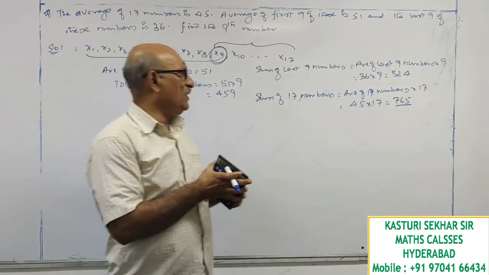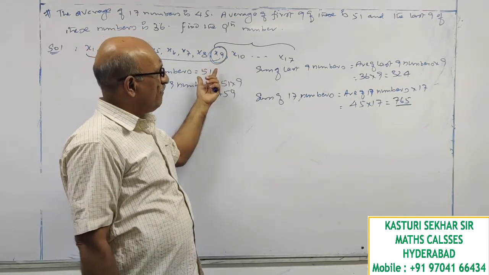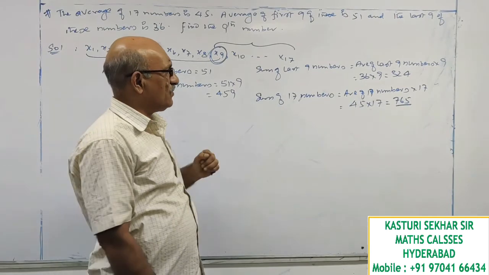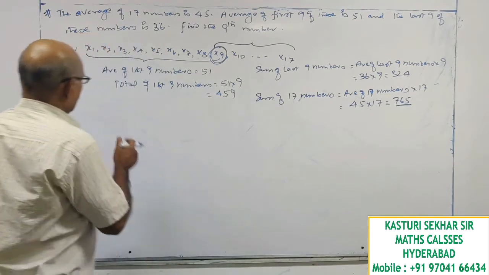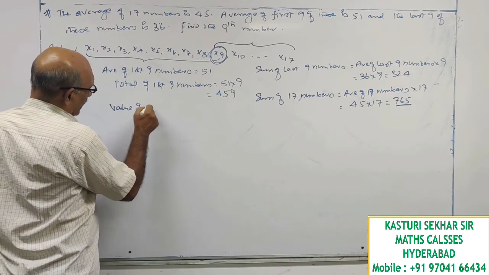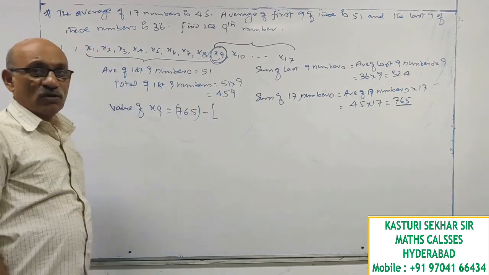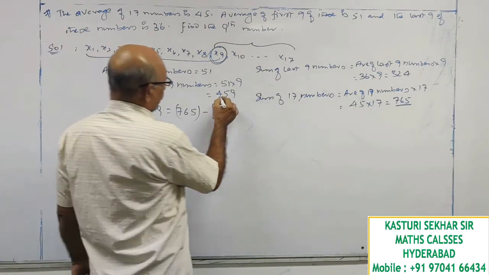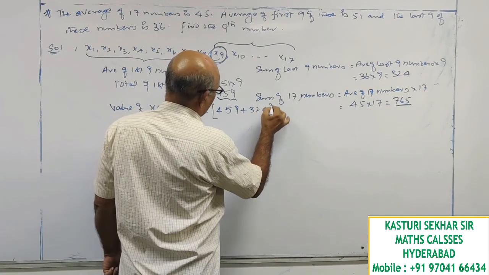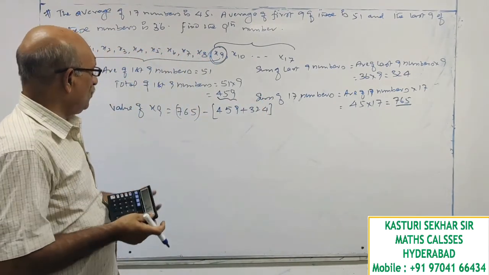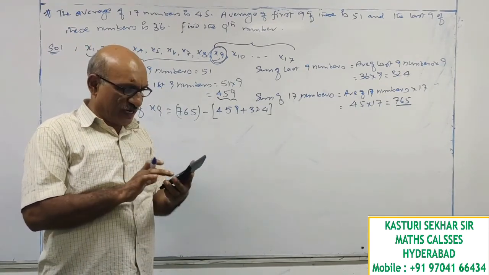So from the total of these 17 numbers, I'll subtract the sum of first and the sum of last. Then I'll get that additional number value. Value of x9 is obtained this way: the sum of the first 9 and last 9 numbers, 18 numbers in all, minus the total of all 17 numbers. That additional number which is double counted, its value is obtained.